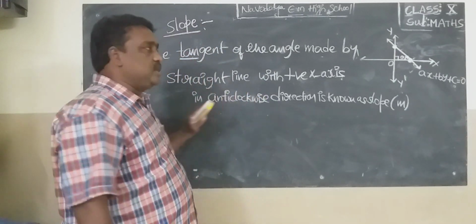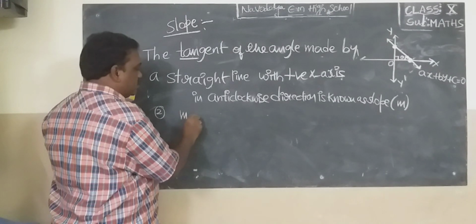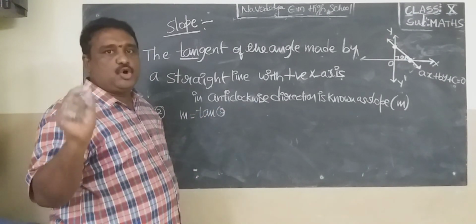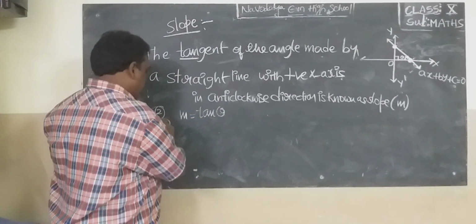Small m means slope. Second point: m equal to tan theta. What is tan theta? Slope. What is theta? Inclination.